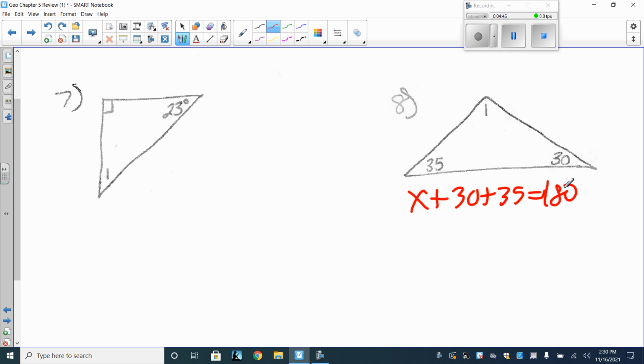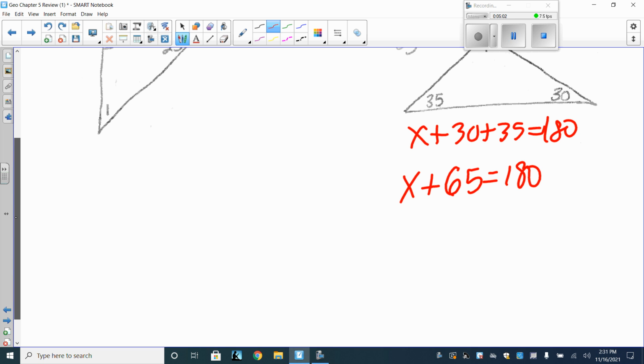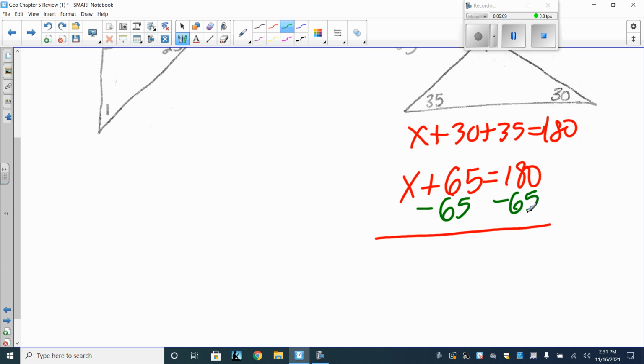Could we just add 30 and 35 and then minus that from 180? Yes, because we combine like terms, so that'd be 30 plus 35, which would give us 65. And from here, we can do what? Minus 65 from both sides, minus 65 from 180, which would tell us x is 125 degrees.